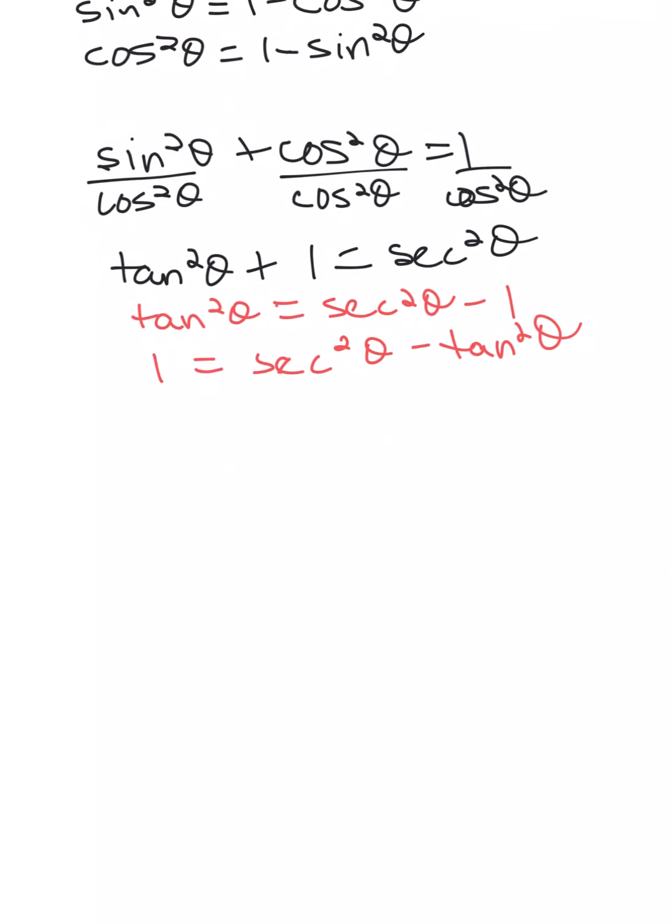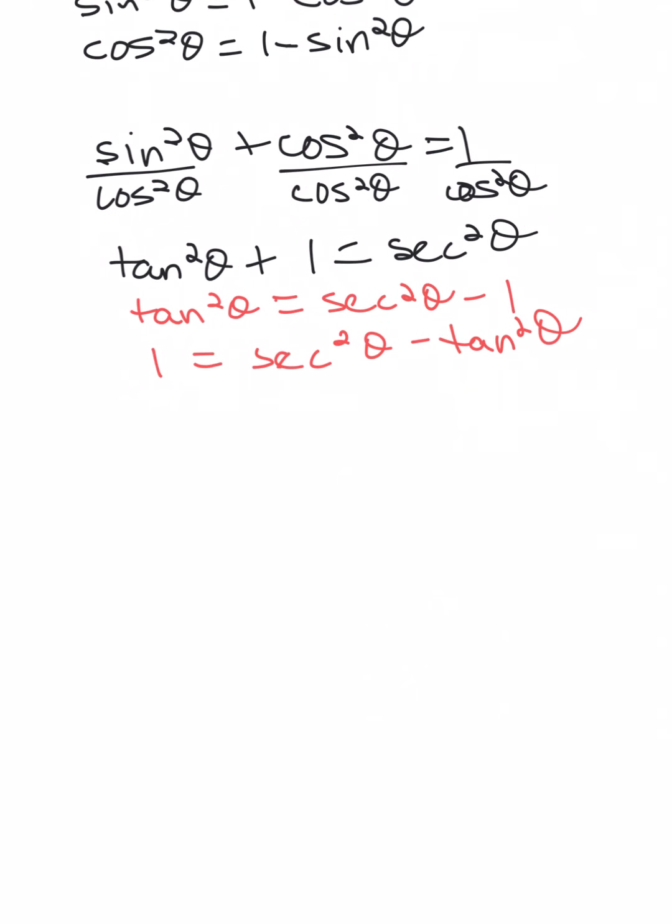Now we're going to do the same idea. We're going to go back to the original of sine squared theta plus cosine squared theta equals 1. And this time, instead of dividing all the terms by cosine squared, we're going to divide all the terms by sine squared.